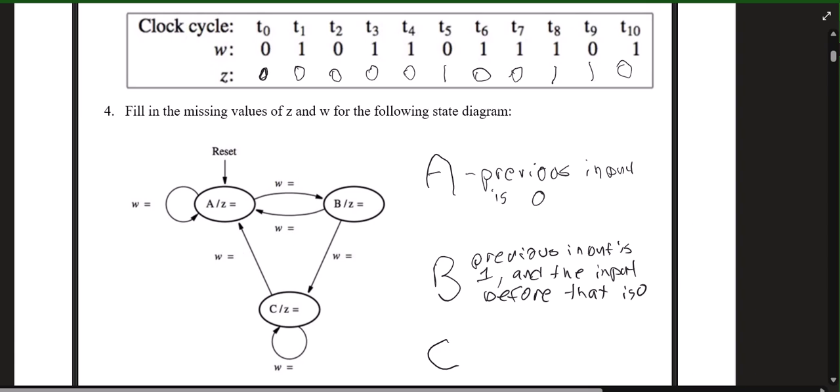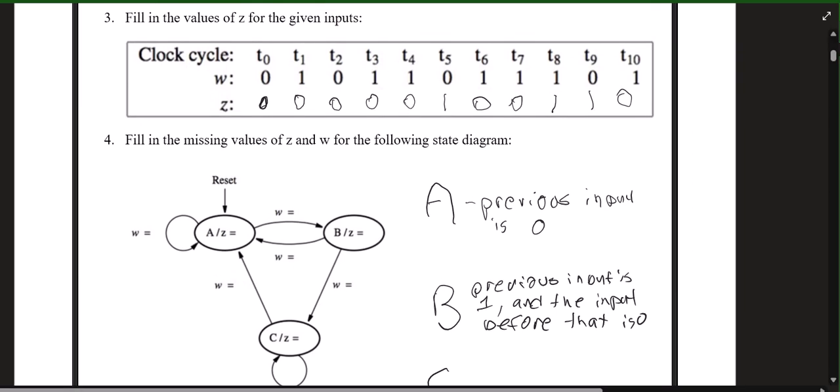So an example of that is if I look at my table right here, if I'm at T2, my previous input was 1, and the input before that was 0, and that would be the state that I'm in. If at T2 I'd gotten a 1 instead of a 0, then that would have been a winner.